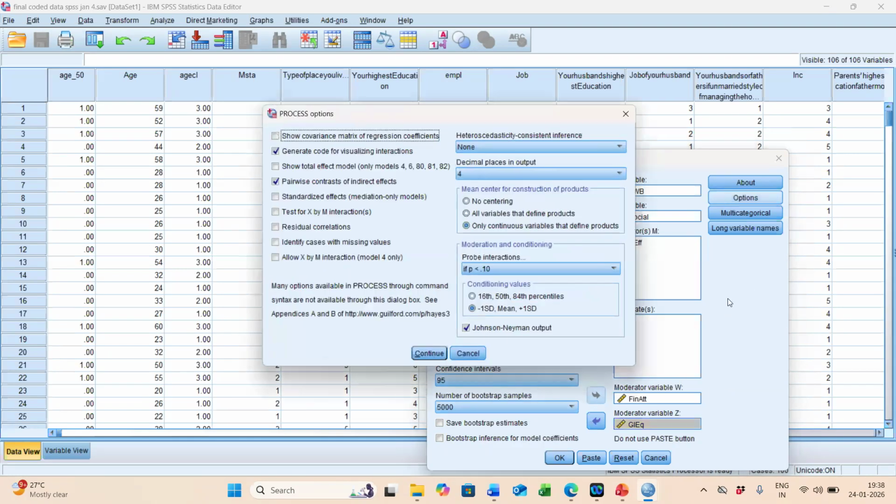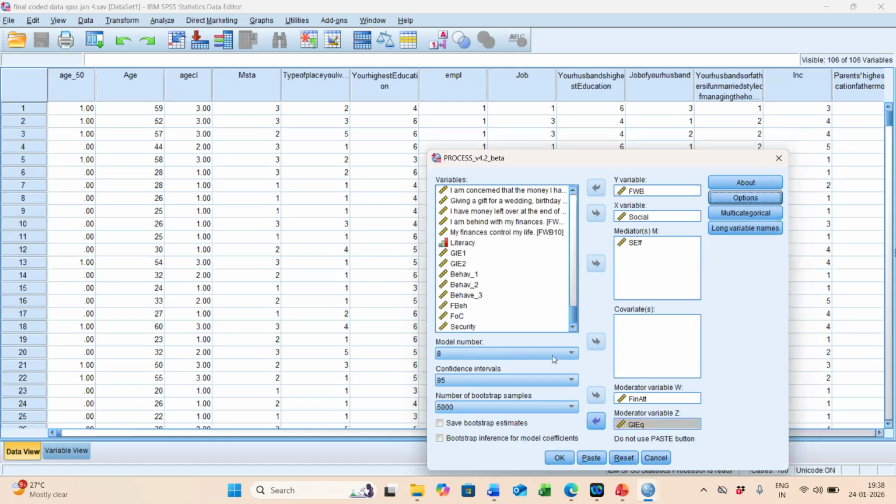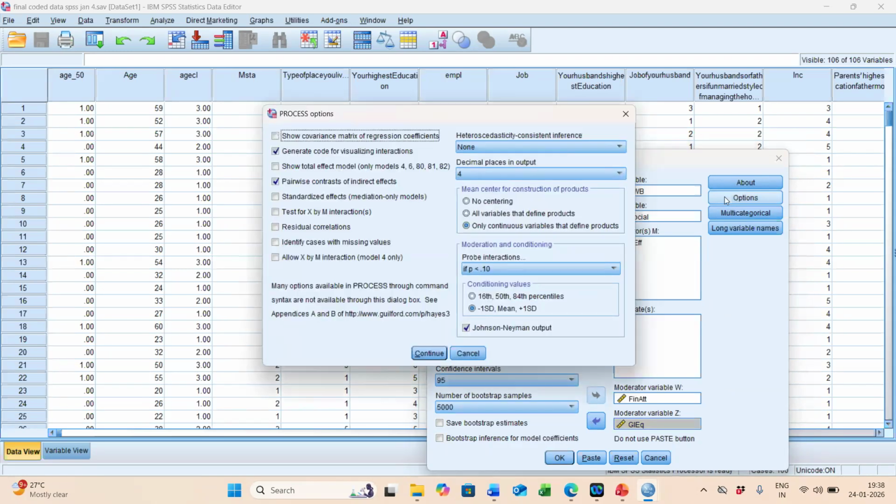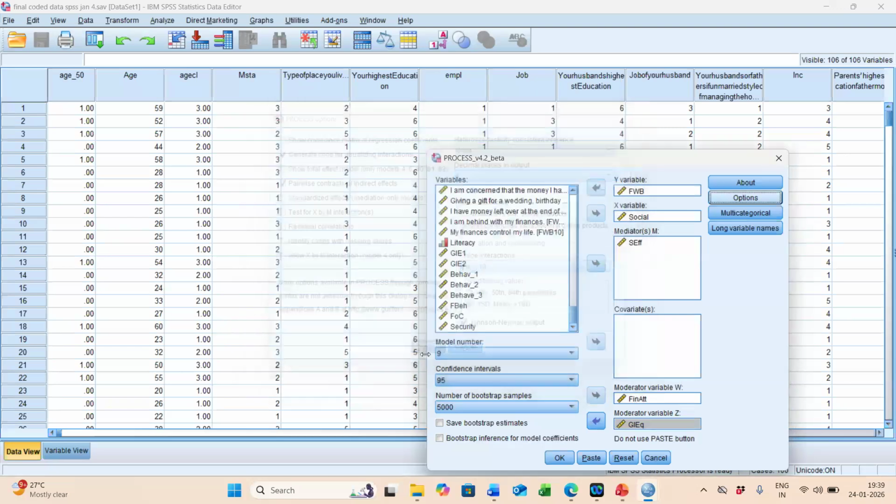Okay, first of all, we have to change the model number 9 options. Continue.